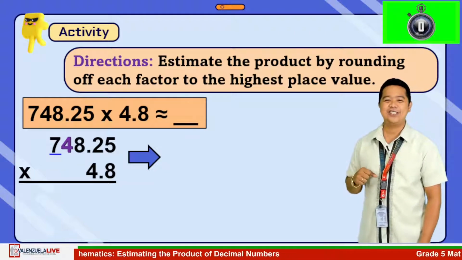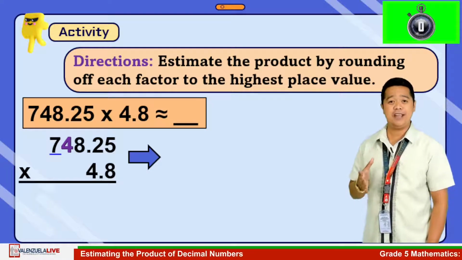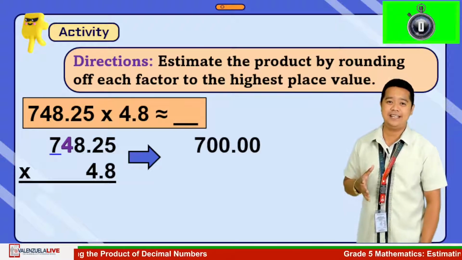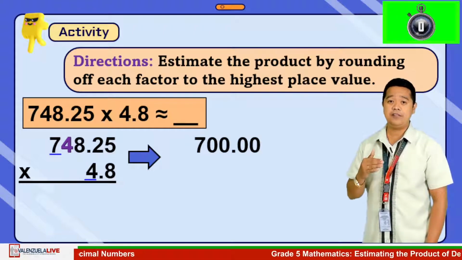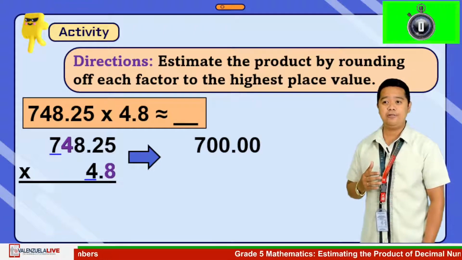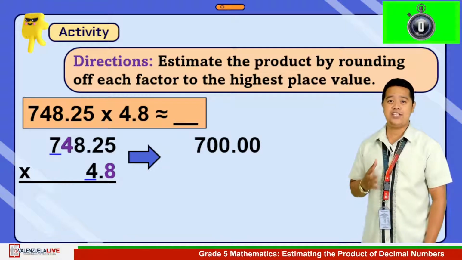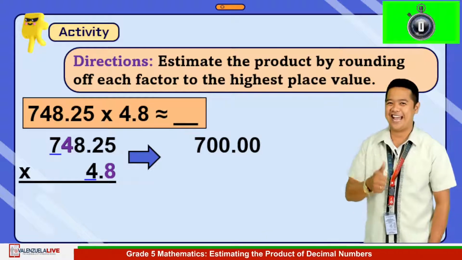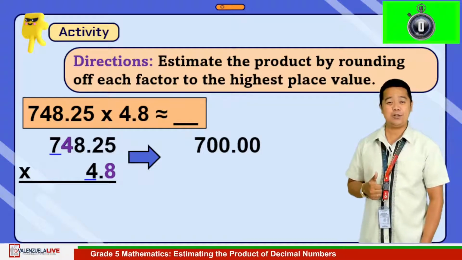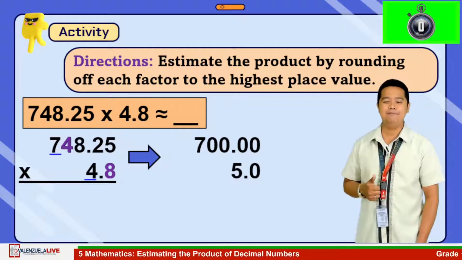Very good. So 748 and 25 hundredths will become 700. And then the second factor, the number to be rounded off is 4, followed by 8, which is greater than 5, right? So we will round up. So 4 and 8 tenths will become 5.